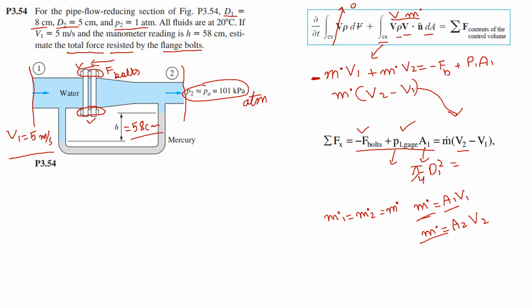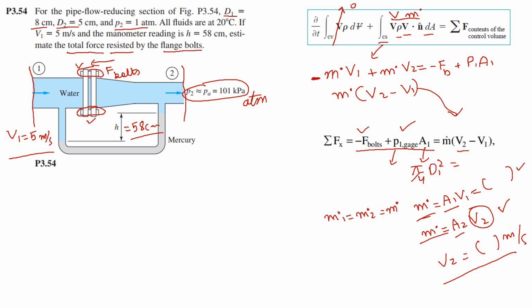You should by now be aware of these terms. So we can find V2 from this equation, because we know our diameter at D2, and from finding the mass flow rate from this equation, we can find velocity V2. That will come out to be in meters per second. Take care of the units.